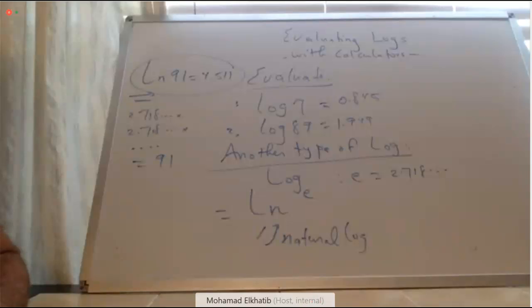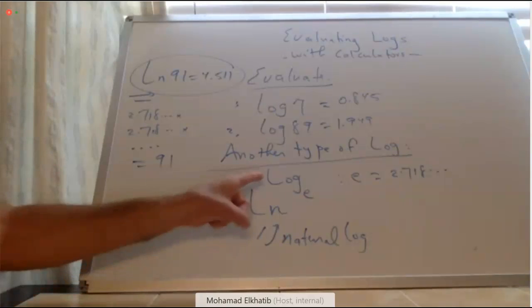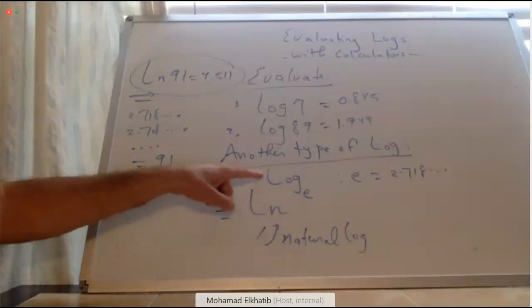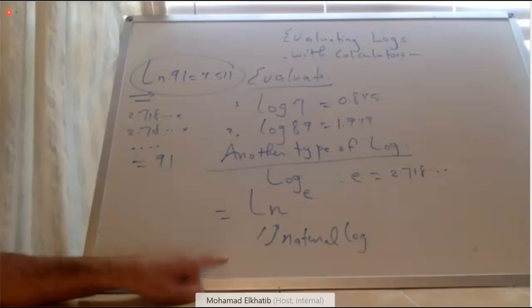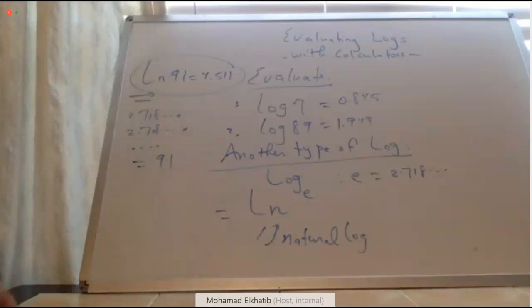So what does ln mean? Natural log. What does natural log mean? The base is E. What is E? It's that irrational number 2.718, whatever. So we don't write log base E. Log base E is ln, natural log. And the values for ln, you can only find them on the calculator. You cannot do them in your head because you cannot multiply 2.718 by itself to get the number that you need.